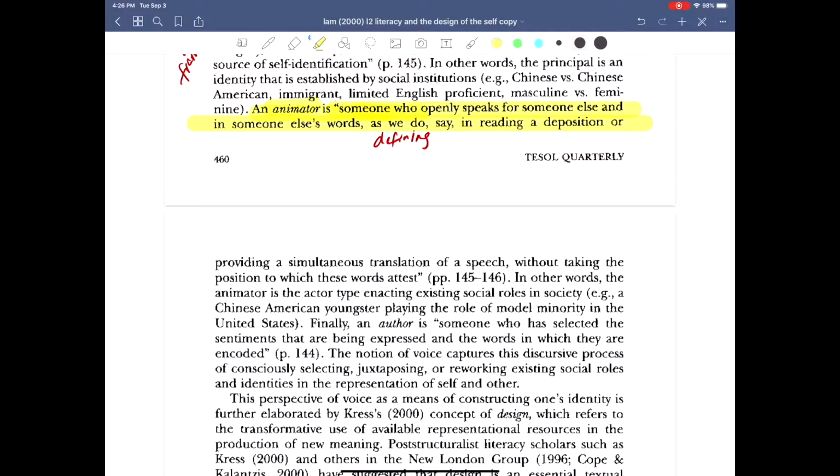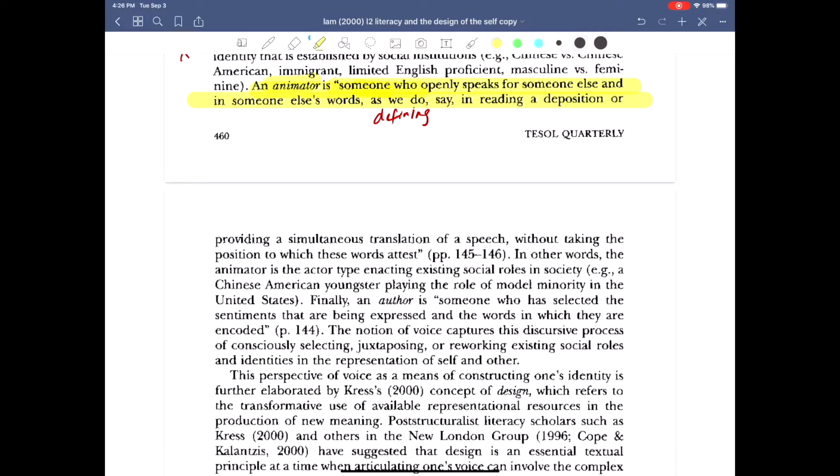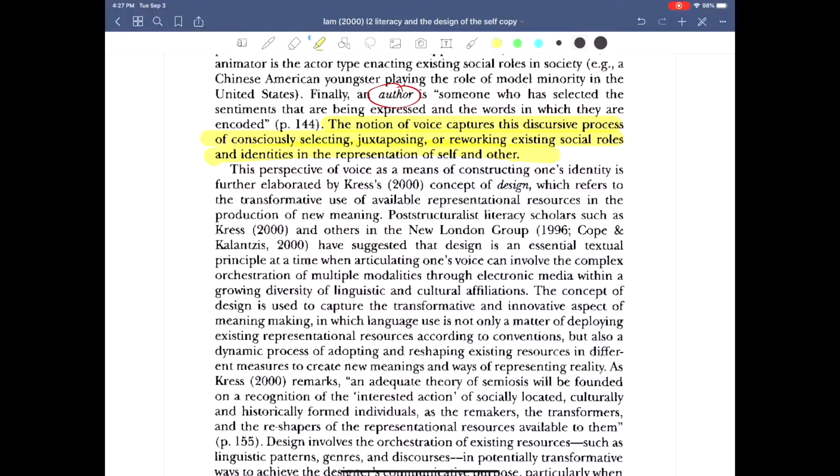This is more defining and authorizing, because again, this is still Goffman. This is more defining. Just to step back a little, when she's doing this, and when she's spending a lot of time talking about a particular thing, you should pay attention.